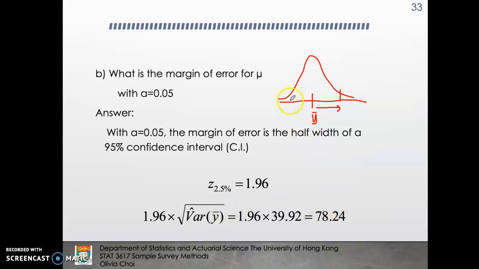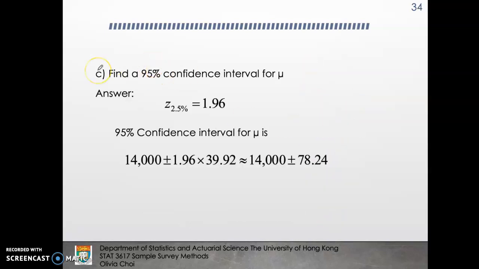which is 78.24. If we are looking at the confidence interval, then it would be y-bar plus or minus this margin of error. Like part C, find the 95% confidence interval. So y-bar, which is given in the question, plus or minus 1.96 times our standard error. So this gives us the margin of error.